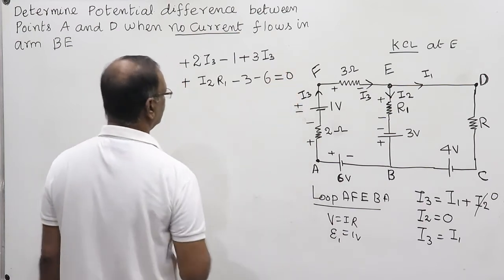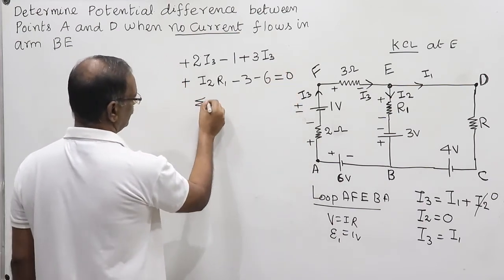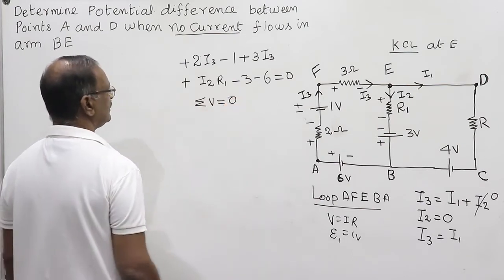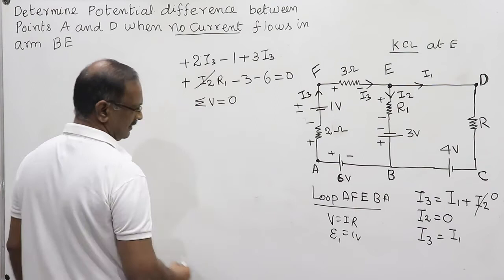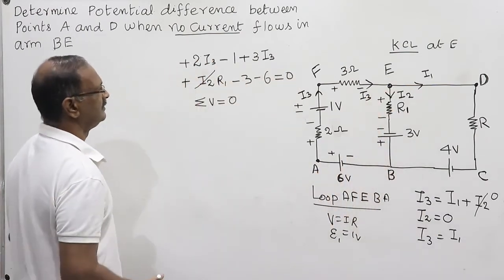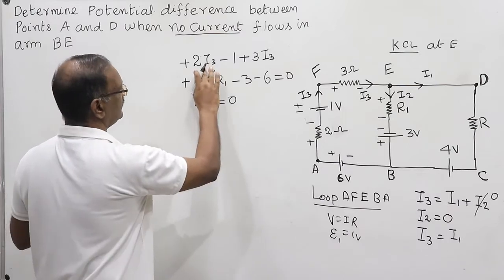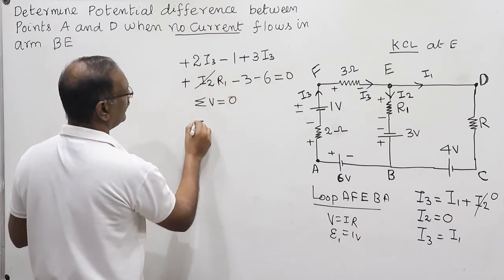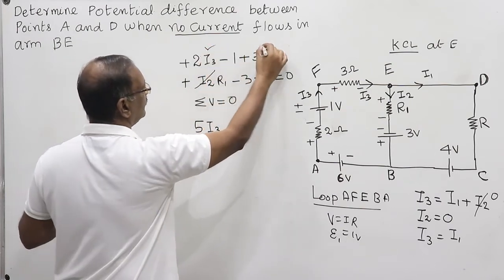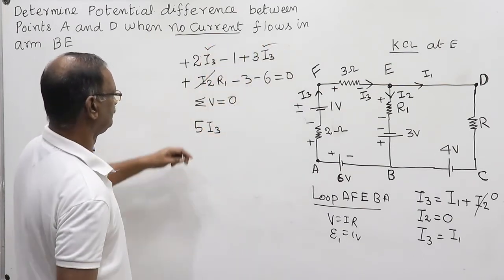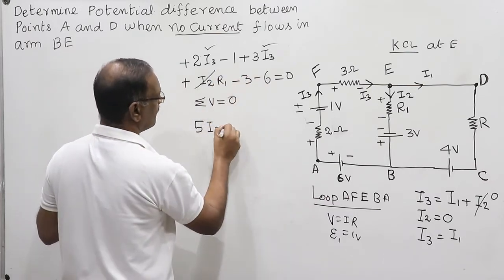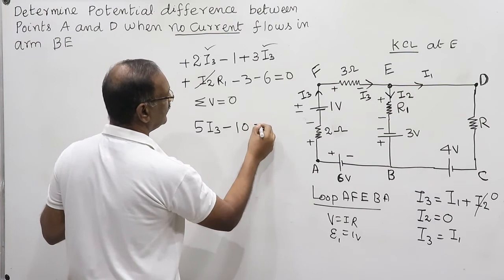This is according to the rule that the algebraic sum of voltages in a closed loop is equal to 0. Since I2 is equal to 0, no current is flowing in this branch, so we can cancel it. We get 2I3 plus 3I3, that is 5I3, minus 1, minus 3, minus 6, which is minus 10, equal to 0.